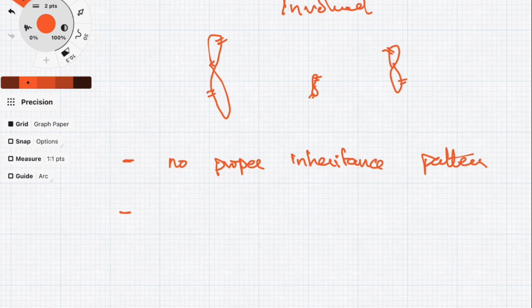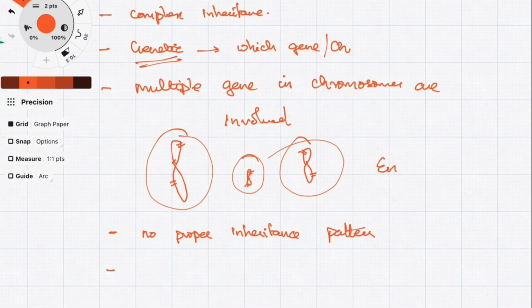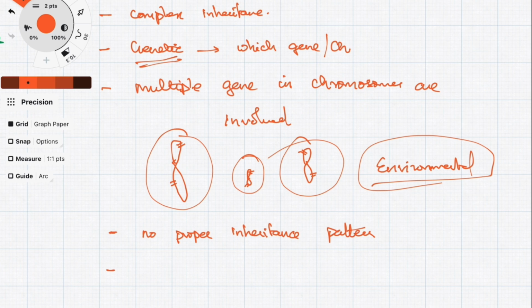But other than that, you will not know who will get it, when they will get it, how they will get it. It will skip at irregular intervals, and it will appear again at irregular intervals. Pedigree analysis will not yield a very good idea about the type of the disease. That is because of these characteristics, and also because of the involvement of environmental factors. So there is significant environmental involvement.